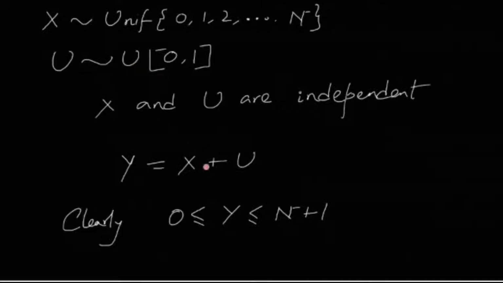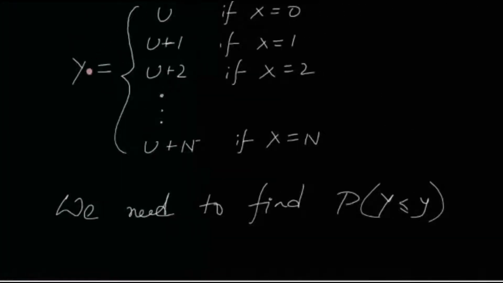That means the minimum value of X plus U, that means Y, is at least 0, and the maximum value of Y is when both X and U are maximum, that means when X is n and U is 1. That means Y lies between 0 and n plus 1 inclusive, obviously, because Y can attain these values.